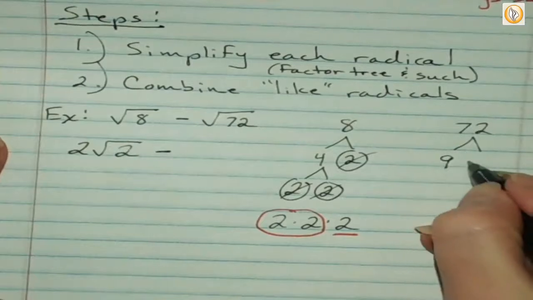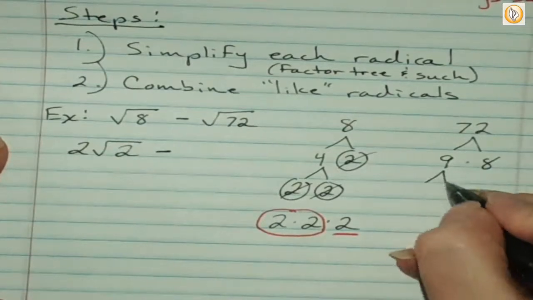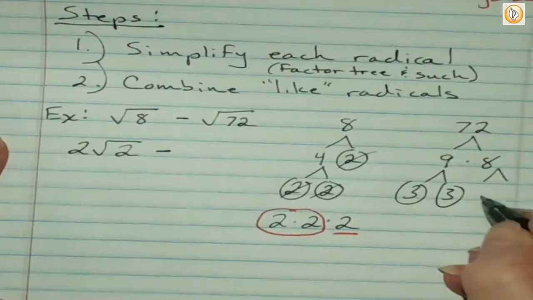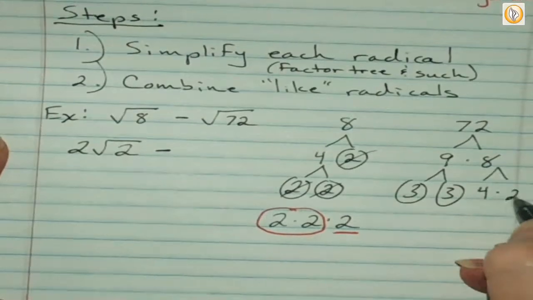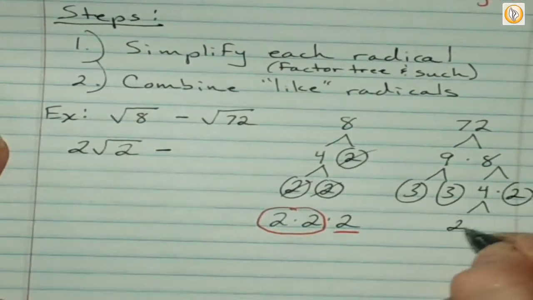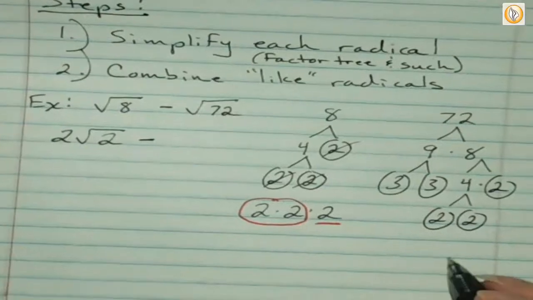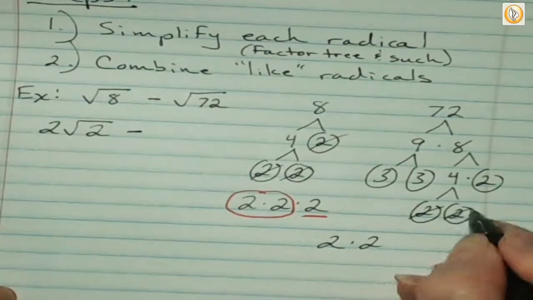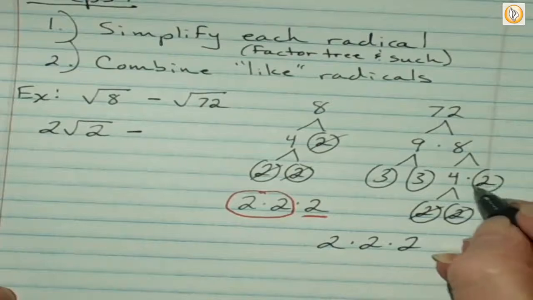9 and 8. And that's, of course, 3 and 3. 4 and 2, 2 and 2. Okay, so then we write these out. And please be careful. Make sure you circle.